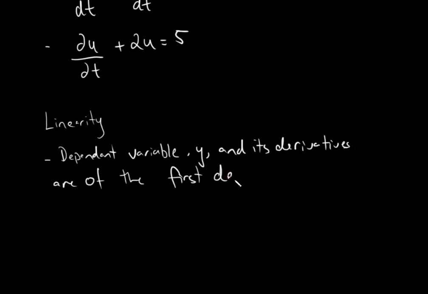And when I say degree, I mean the power on it, like y squared, y cubed. So you can't have a y squared or y cubed in a linear differential equation because you're violating this. Y and y prime all have to be of the first degree.